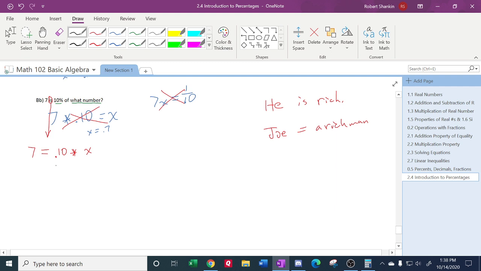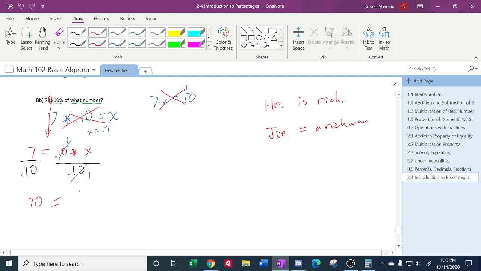And a good thing we've worked on our equation solving skills, because I got to get the x by itself. I divide by 0.10. These are going to cancel out. The 1s. And what I'm going to get is, and I punch this out in my calculator, 7 divided by 0.1 is 70.